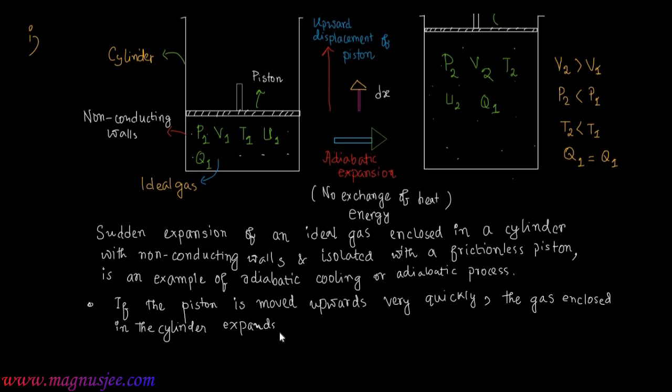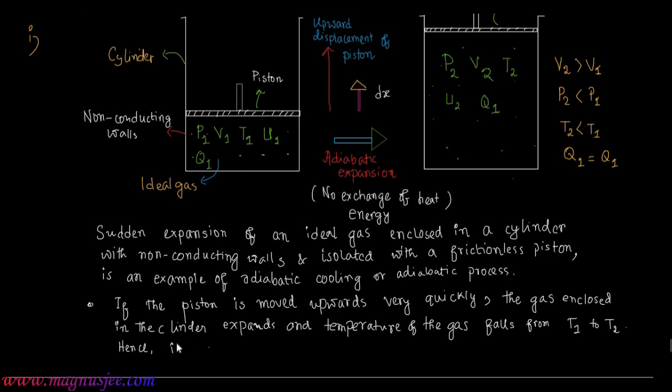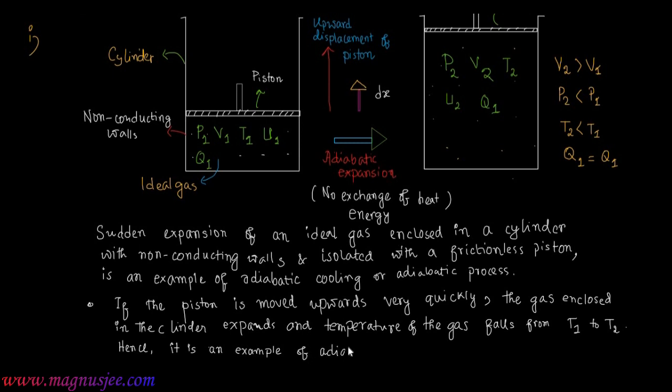The temperature of the gas decreases. If the piston is moved upwards very quickly and the gas expands, the temperature of the gas falls from T1 to T2. Hence it is an example of adiabatic cooling.